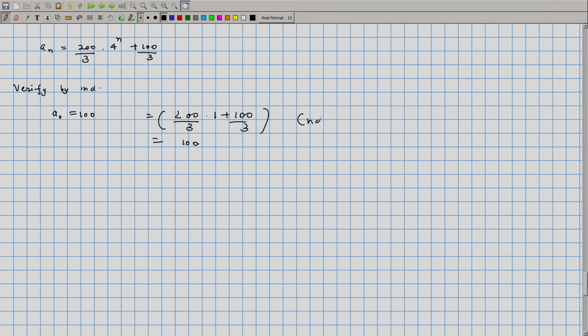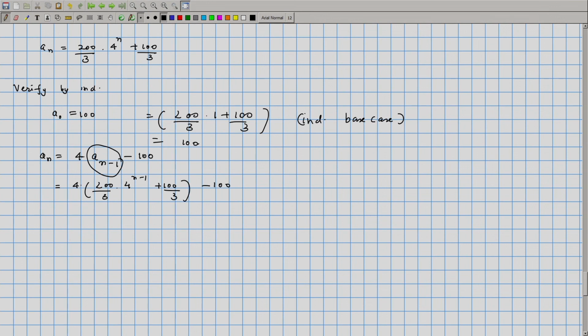Okay. So, that is the induction base case, and if we assume that the formula is true up to n minus 1, we need to check that a_n is equal to 4 times a_(n-1) minus 100. Up to n minus 1, we will believe that the expression was correct, and therefore, this is going to be equal to 4 into (200 by 3 into 4 raised to n minus 1 plus 100 by 3) minus 100.